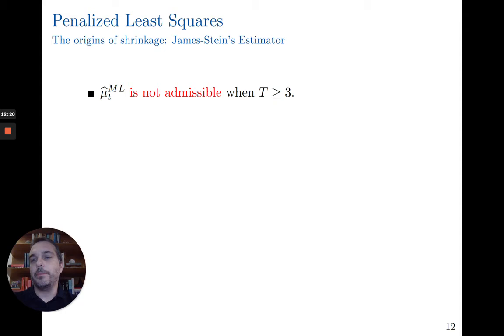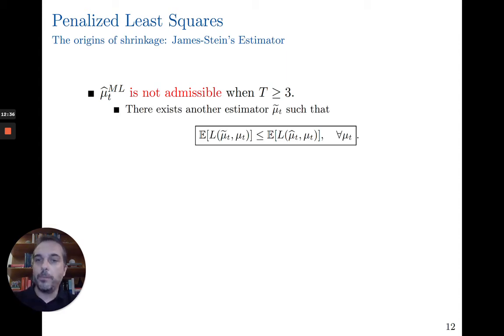What they show is that this maximum likelihood estimator is not admissible when the sample size is equal or greater than 3. What is an estimator not being admissible?